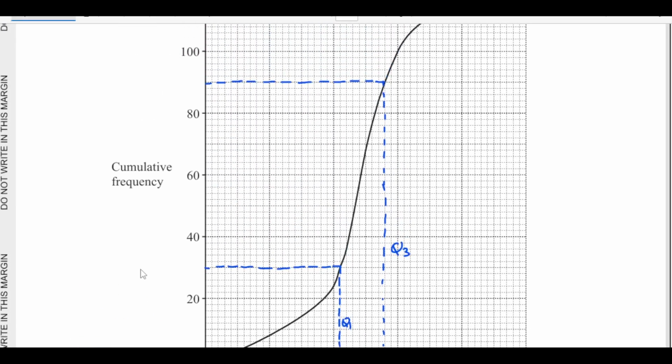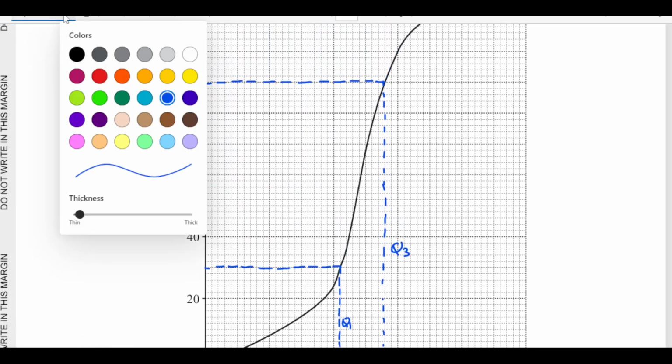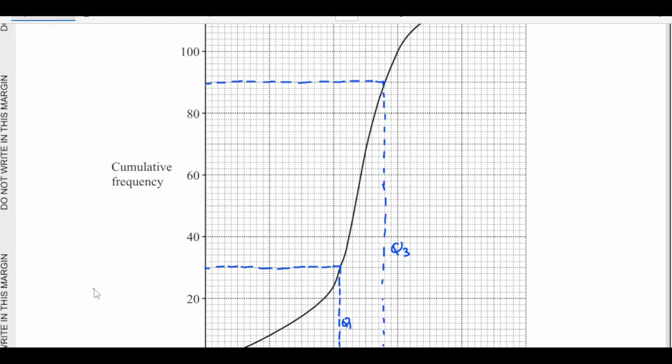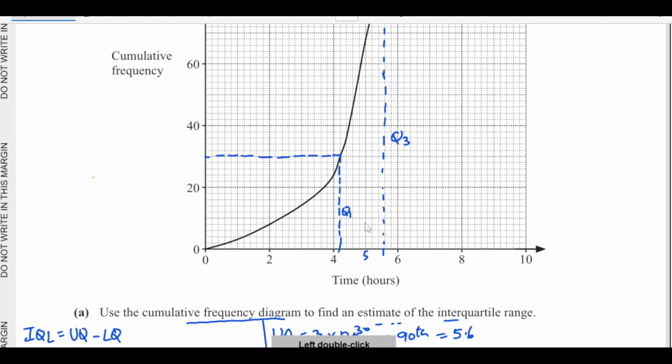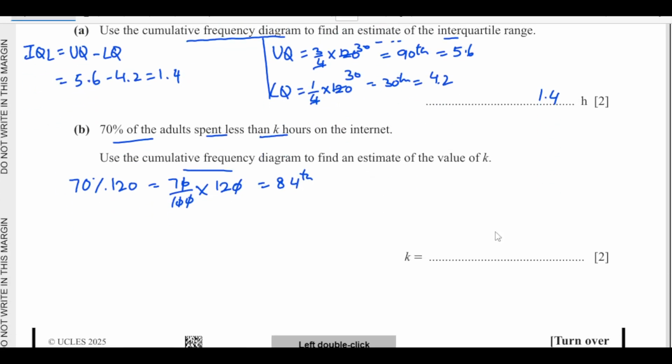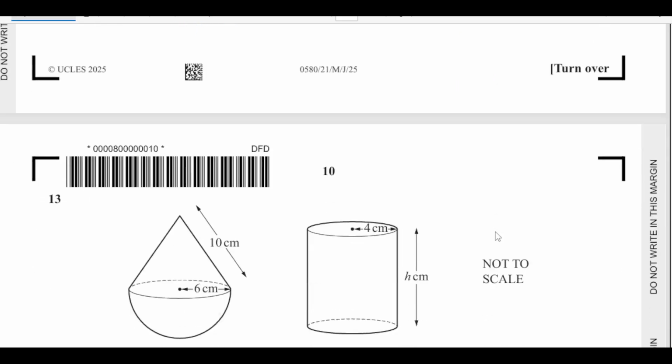So 84 is here, this is 80, this is 90, this is 82, 84. Going along this line again, then you come down. This is just one left of the previous one, so it is going to be here, right, which is 5.4. So the value of k is 5.4.